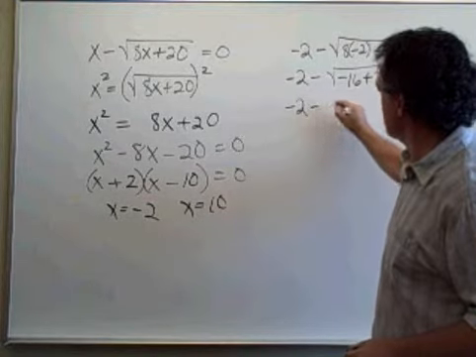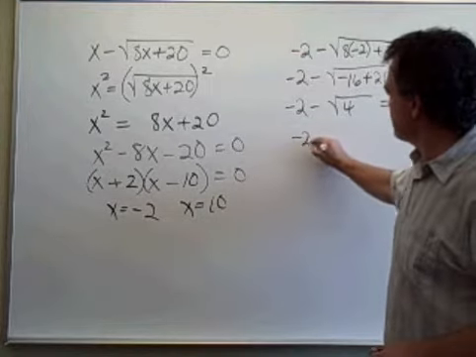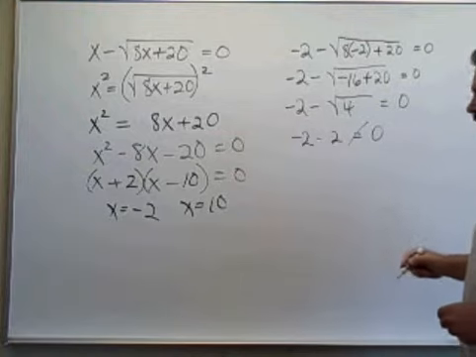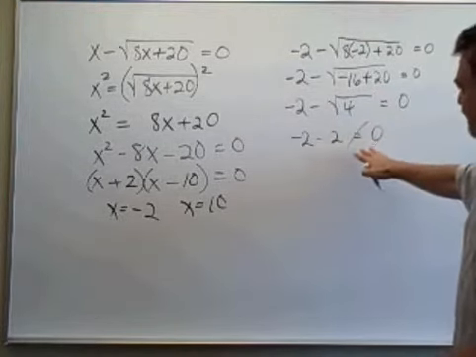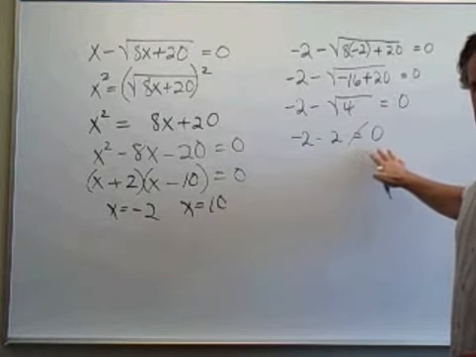So I have negative 2 minus the square root of 4 equals 0. Negative 2 minus 2 equals 0 is not true. So when I replaced x with negative 2, I found that I did not produce a solution. I did not produce a true statement.